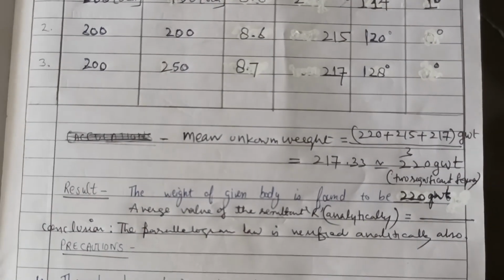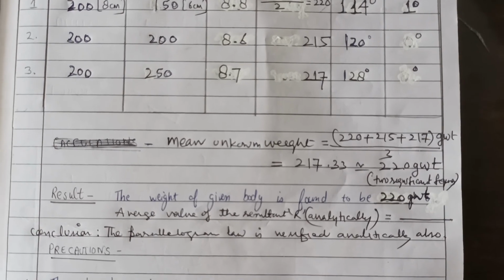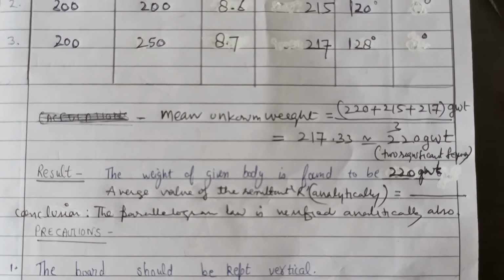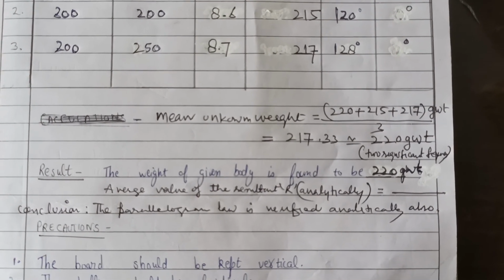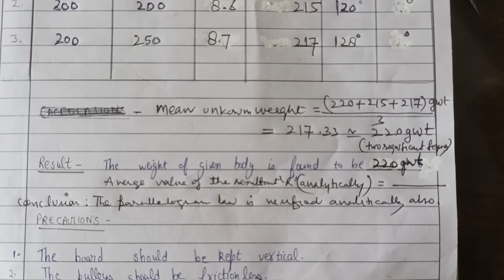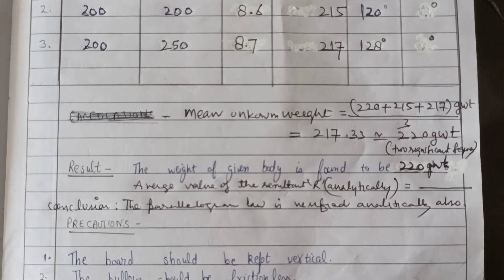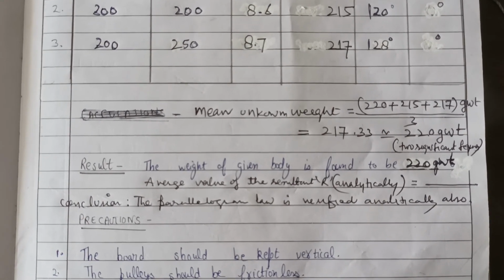You will analytically find the value of R, and then the average of that will be written over here, the average value of the resultant R found analytically, which will be almost equal to 220 gram weight. So in this way you will conclude, and this conclusion will also be written in your record notebook, that is to be submitted as assignment.